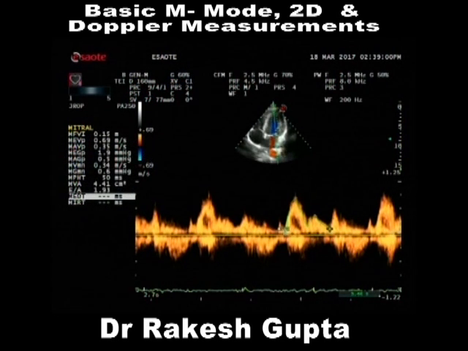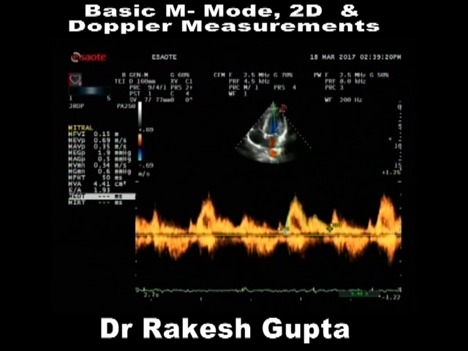Now look, once I have traced this and I have accepted it, what does it give you? It gives you a peak velocity. It gives you mean gradient, mean velocity, mean gradient. All three figures it will give you.